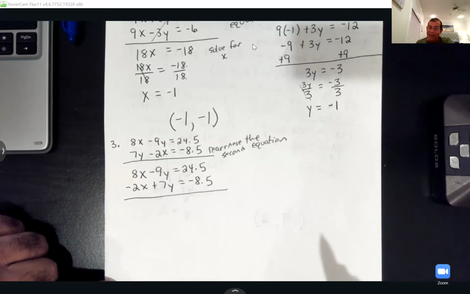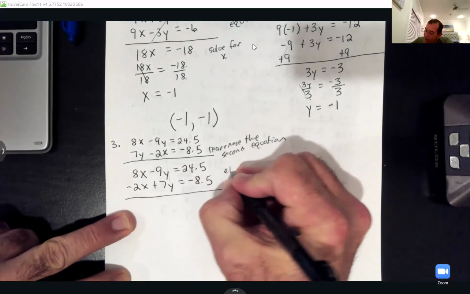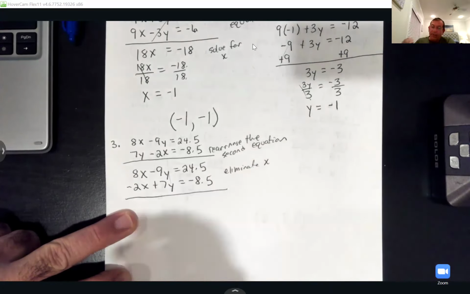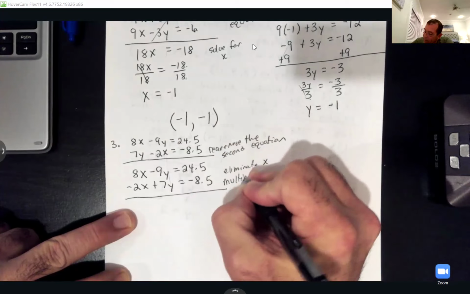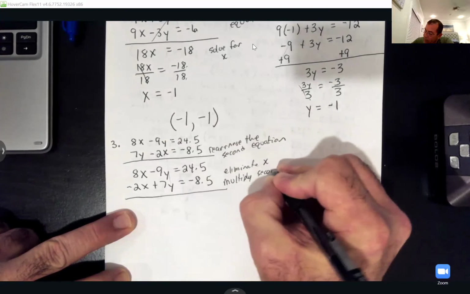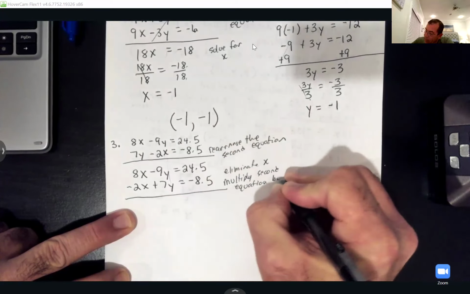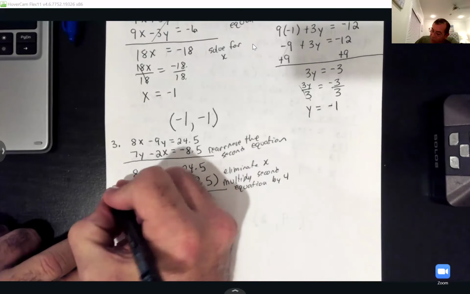So we're going to eliminate x, which means I'm going to multiply the second equation by 4.